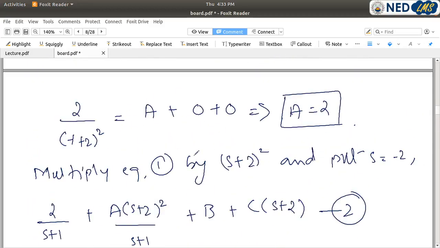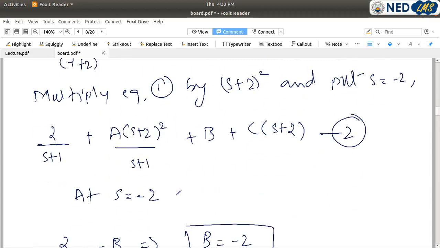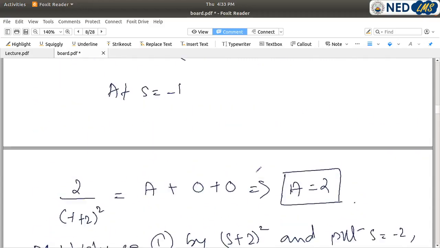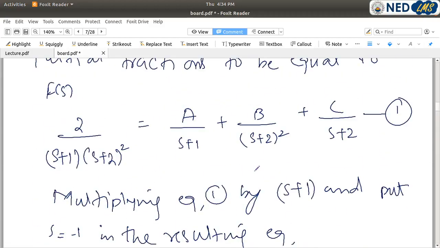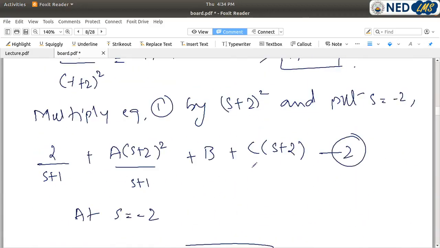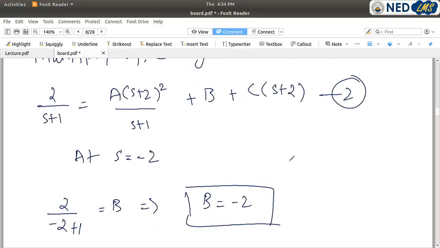So differentiating it with respect to s, 2 over, I'm sorry, I think I committed a mistake. Actually, it should be 2 over s plus 1 is equals to this term, and this term.